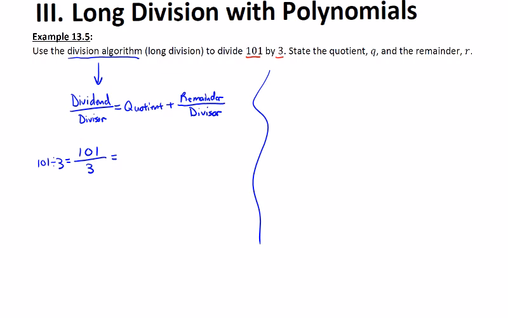For long division, we have to identify our dividend and our divisor. You can't have one without both in order for a division problem to work. So we're going to take this separator, and we're going to put the dividend on the inside of the separator, and then we'll put the divisor out in front.